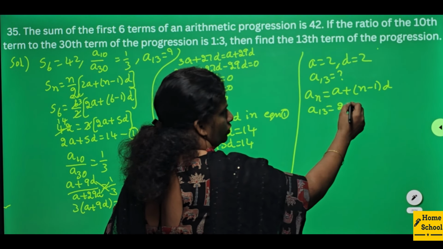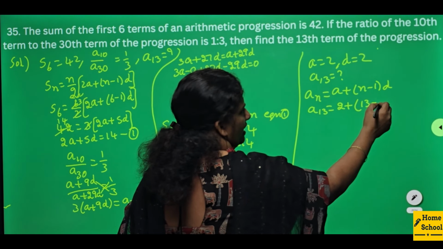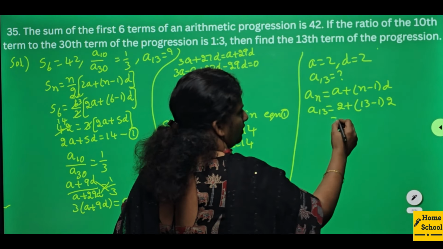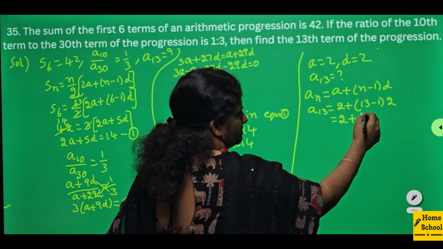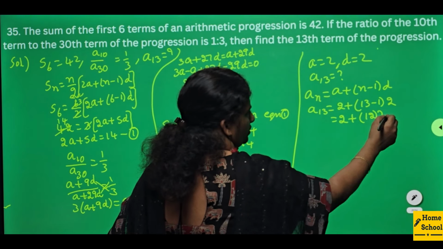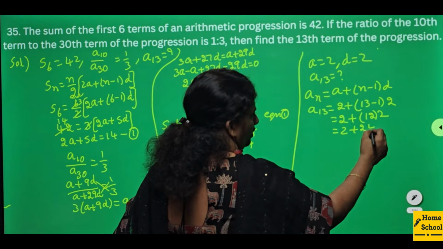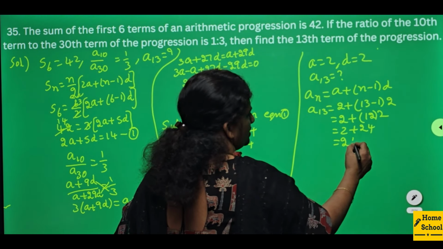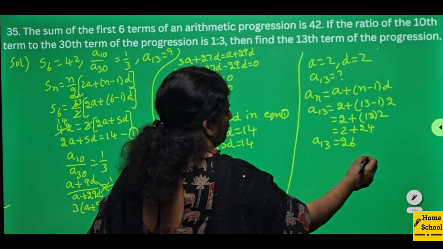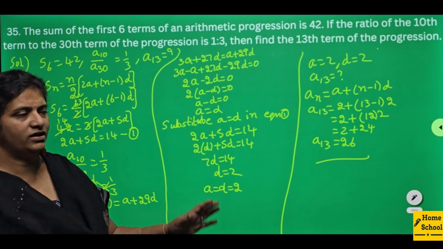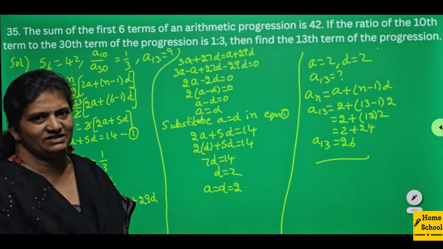A13 is equal to 2 plus 13 minus 1 into 2. 2 plus 12 into 2. 12 2s are 24. 24 plus 2 is 26. Therefore, the 13th term of the arithmetic progression is 26.